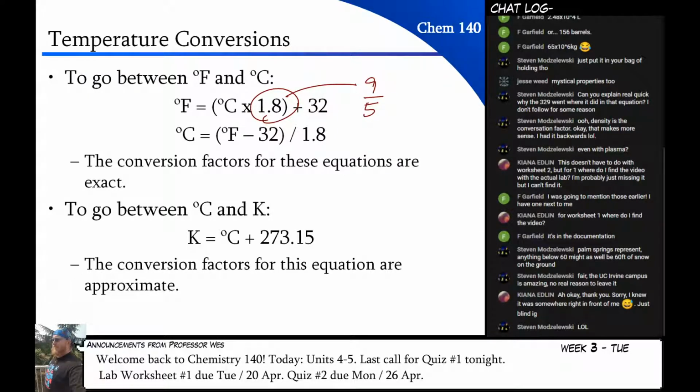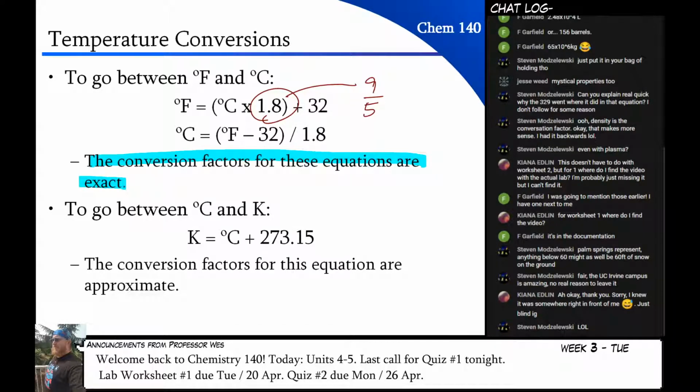The other important thing to note on here is that the definitions between Fahrenheit and Celsius are exact, because these scales have a 0 point that we have established just artificially. Like, we've defined the freezing point of water as 32 Fahrenheit and 0 Celsius. We just chose that arbitrarily. So any conversion between the two will be an exact number.